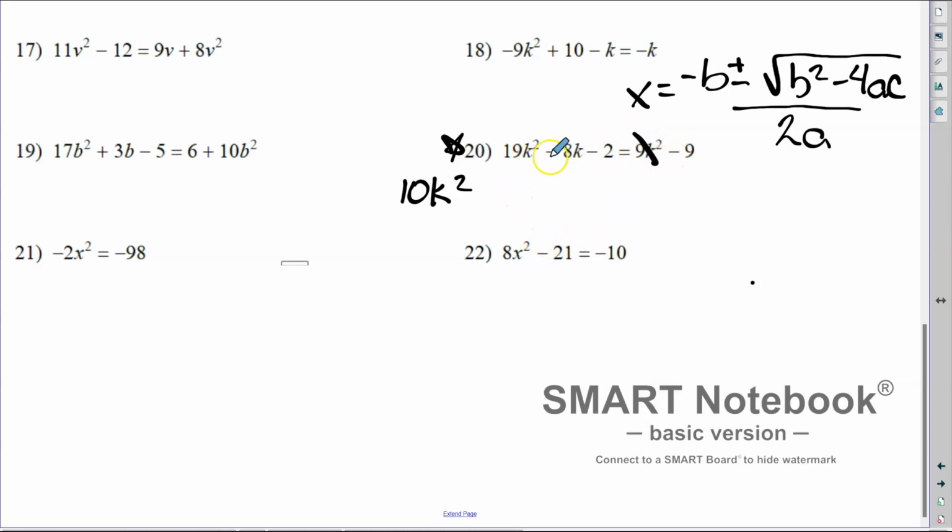There's only one term with k, so let's just bring it along. And then, since we want 0, let's add 9 to both sides, so that leaves me a plus 7 equals 0, okay? So now, this coefficient, this one, and this one are respectively a, b, and c, and these guys go in the formula, okay?